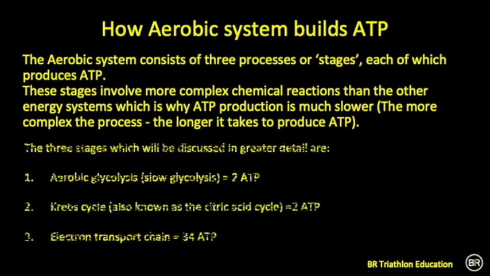The 3 stages, which will be discussed in greater detail, are aerobic glycolysis, slow glycolysis equals 2 ATP; Krebs cycle, also known as the citric acid cycle, equals 2 ATP; electron transport chain, which equals 34 ATP.